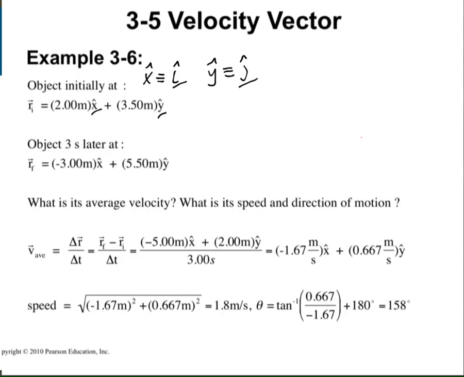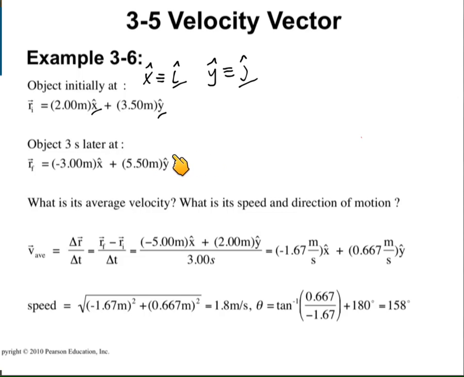The question gives the object at initial position Ri, 2 meters in the x direction and 3.5 meters in the y direction. And it says 3 seconds later, the object finds itself at another point, the final position, minus 3 meters in the x direction and 5.5 meters in the y direction. So the problem is, what is its average velocity vector?